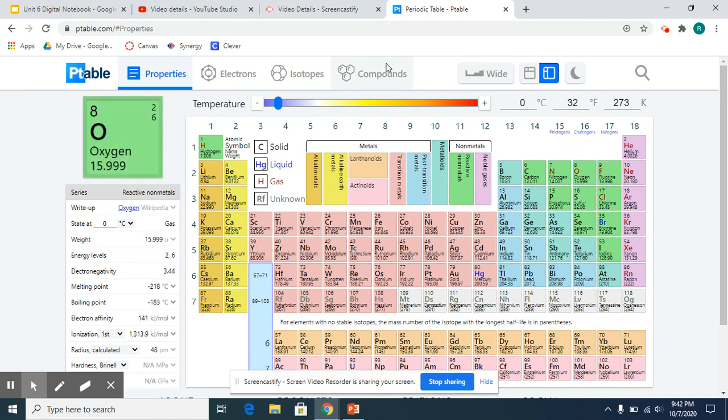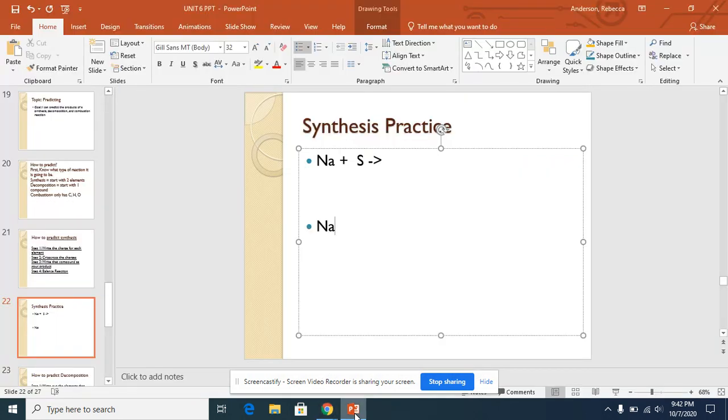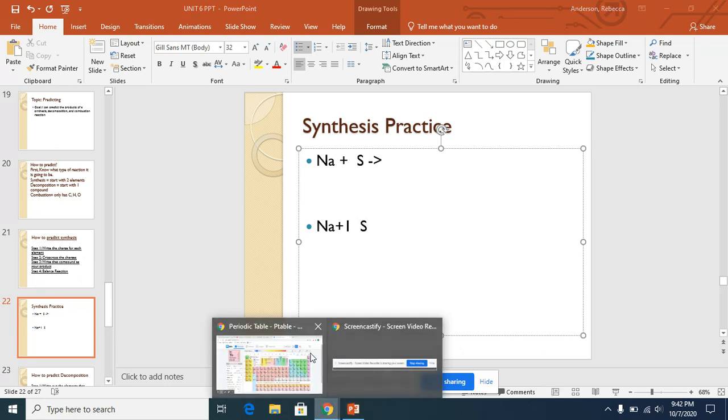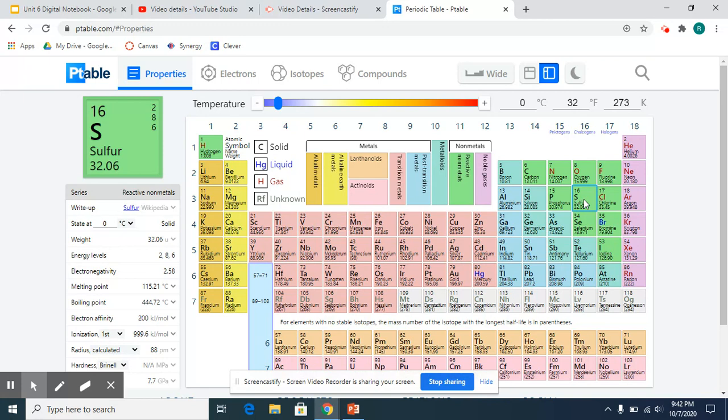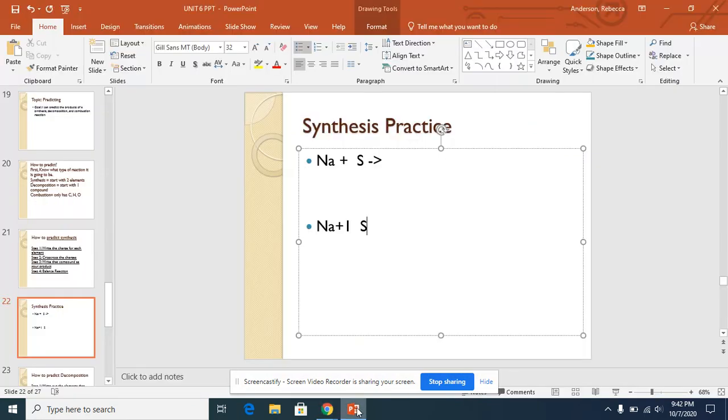Fluorine column is -1. Okay, so if we look at sodium, it's in this first column, so it has a +1 charge. S, so let's find S on our periodic table, is in this column, which would make it a -2 charge.